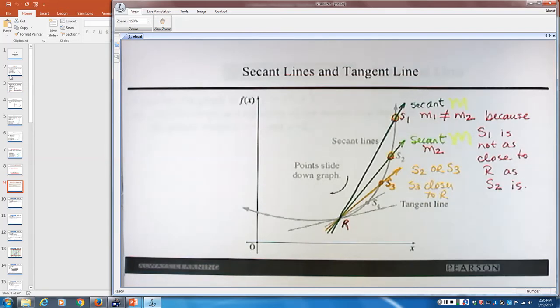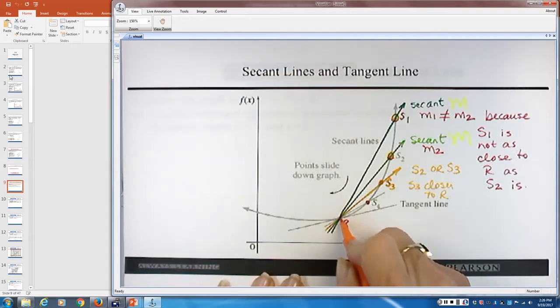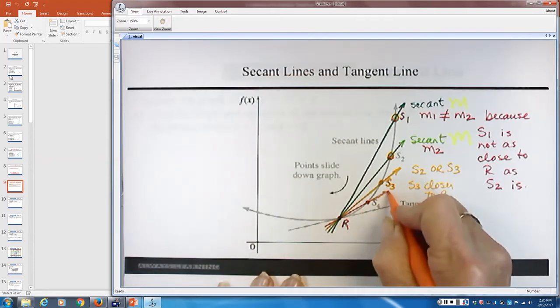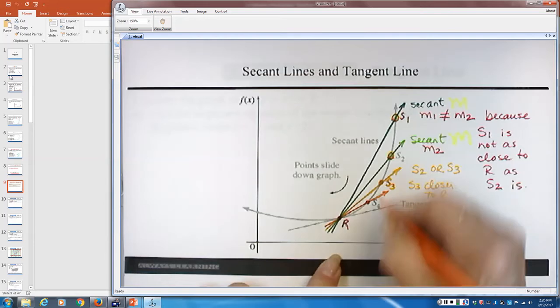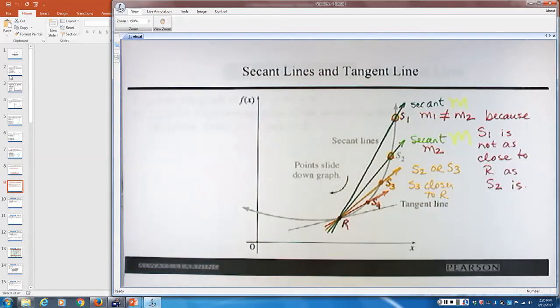So they don't have the same slope either, do they? One more time. Here's S4. I'm going to draw the line through R and S4. Which is closer, S3 or S4? S4.